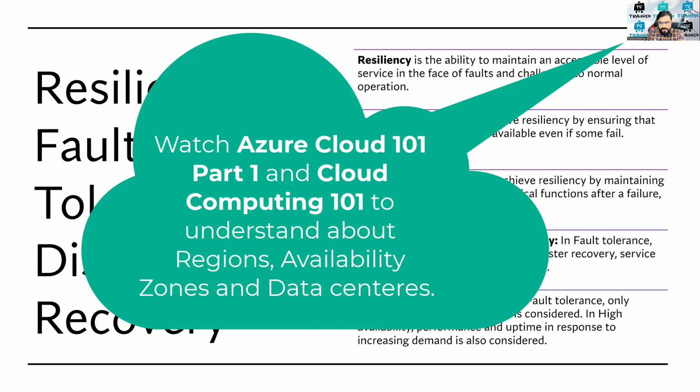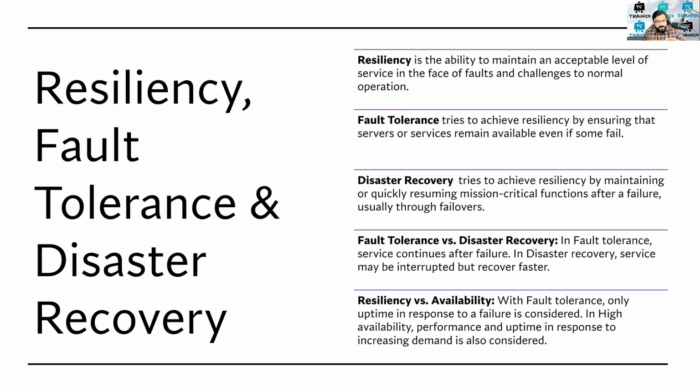So in general, within a region, most cloud providers look for fault tolerance, and across regions, they look for disaster recovery. If there is a disaster in a particular region, then the alternative is to bring the server up in a different region. Those details we can definitely explore more when we learn about any cloud provider such as AWS or Azure.